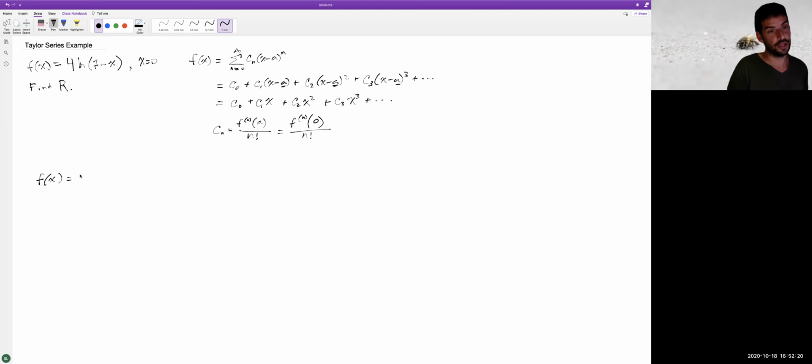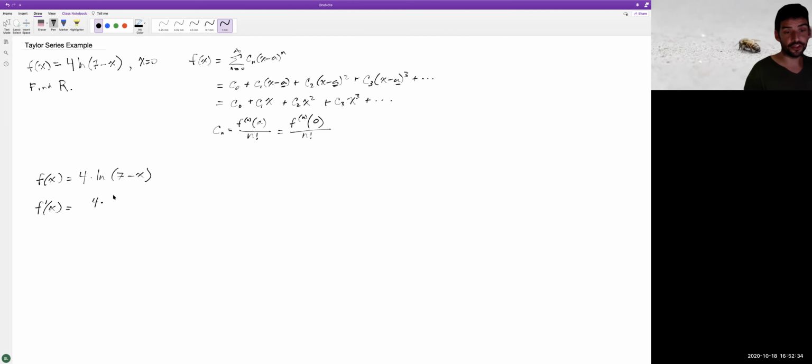So I will start with the function, what we're calling the 0th derivative. F prime, we have 4 times 1 over this. I'm going to write it as 7 minus x to the negative 1.